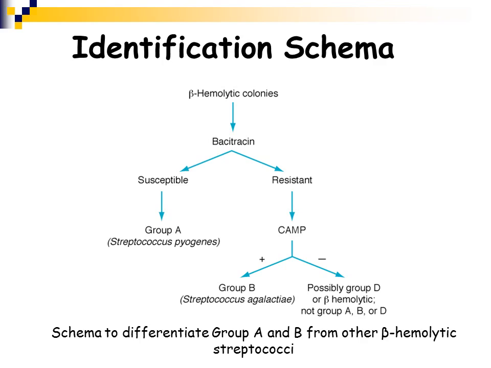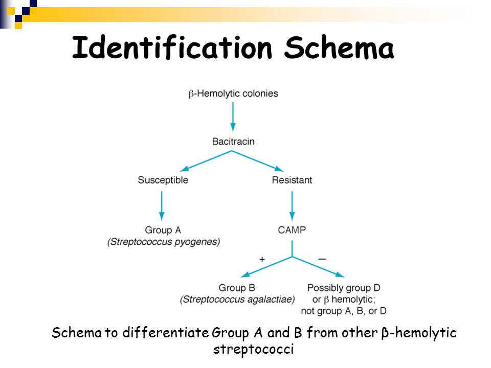If it's susceptible, in other words, if there's a ring around the bacitracin disc, it would be considered group A Streptococcus or Streptococcus pyogenes. If it's resistant to bacitracin, the organism grows right up against the disc, then you would want to do a CAMP test.